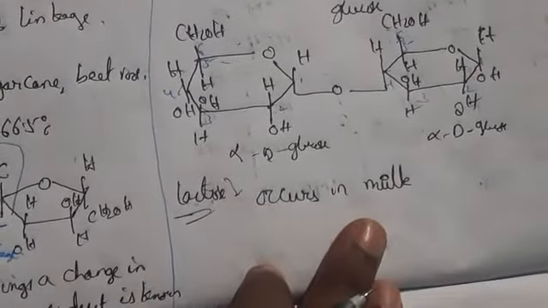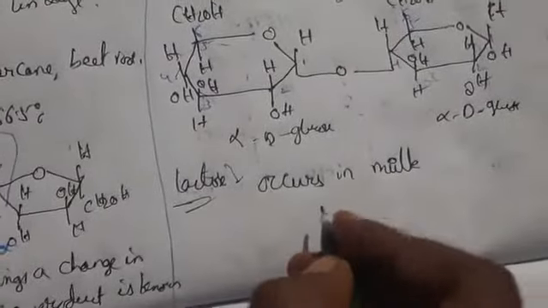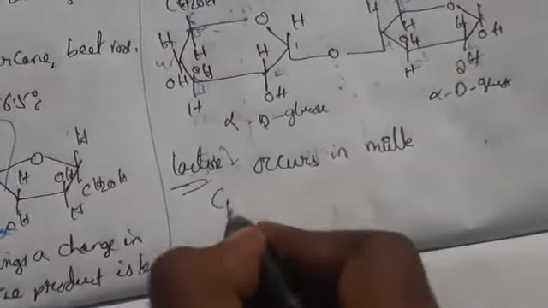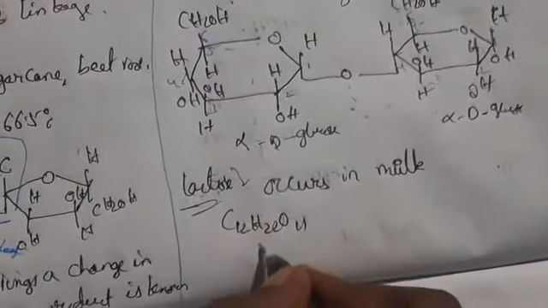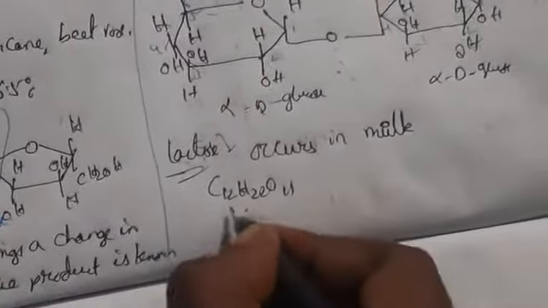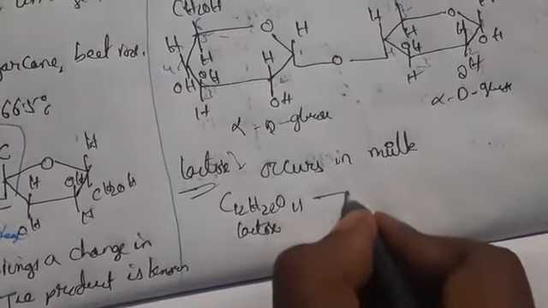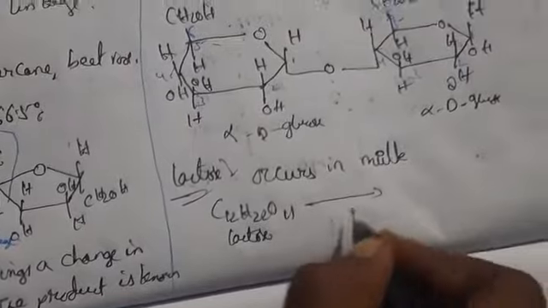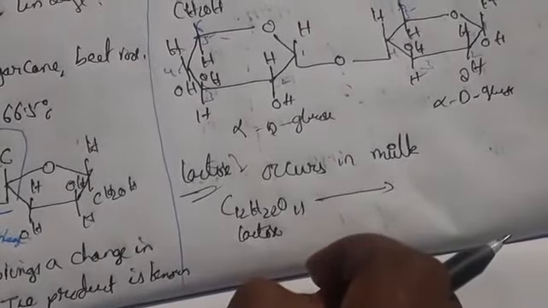When you do hydrolysis, it forms glucose and also galactose. The formula of lactose is C12H22O11.